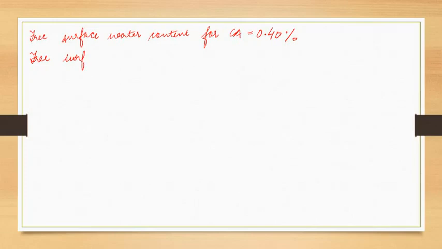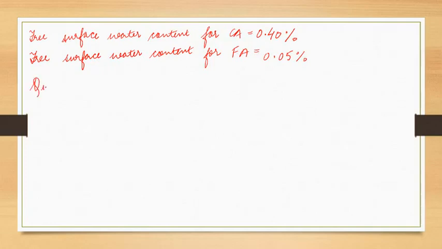So we write down free surface water content for coarse aggregate is equal to 0.40%. Free surface water content for fine aggregate is equal to 0.05%.